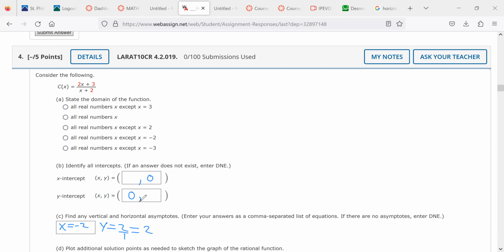In order to intercept the x, y has to be 0. In order to intercept the y, x has to be 0. And since we have the vertical asymptote, we should know that that is the one place we cannot cross. So all real numbers are cool for the domain except this one.